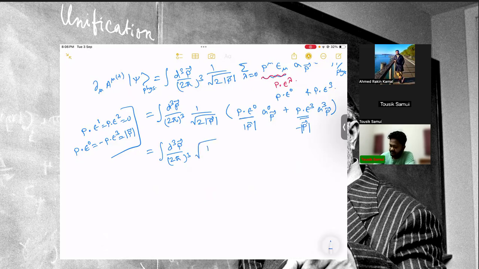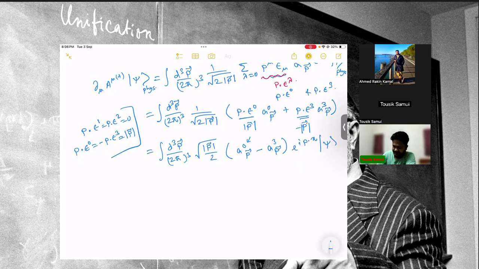Okay, so that comes out, and then a naught p, where a naught is the annihilation operator for annihilating a particle with momentum p and polarization 0, and a p. So this is the third component of the polarization, or the longitudinal component of the polarization, and e to the power i p dot x times psi physical.